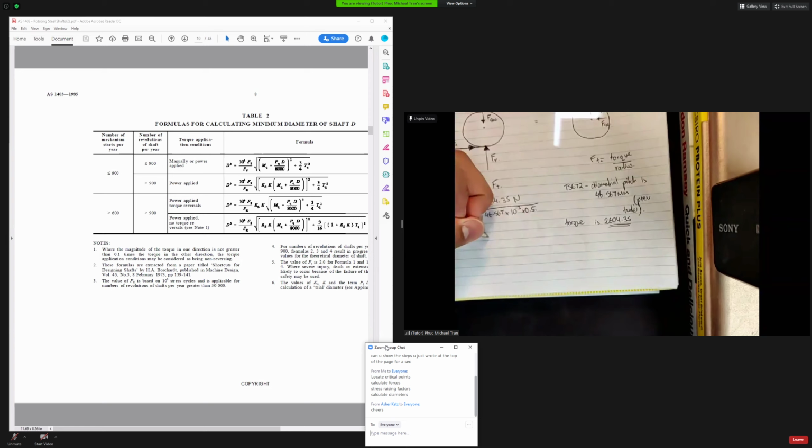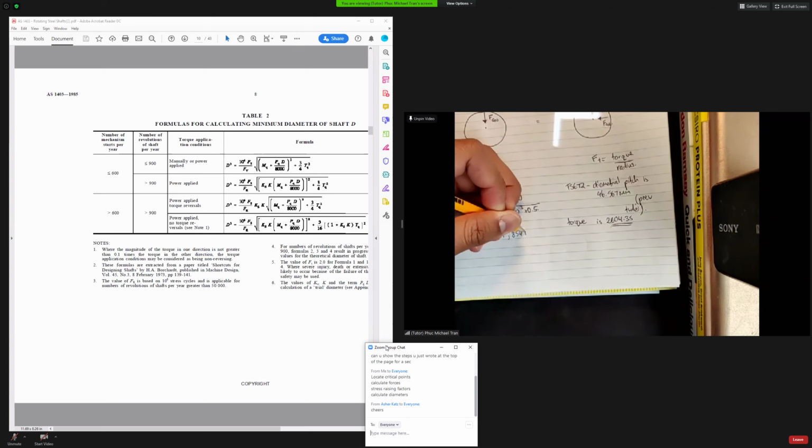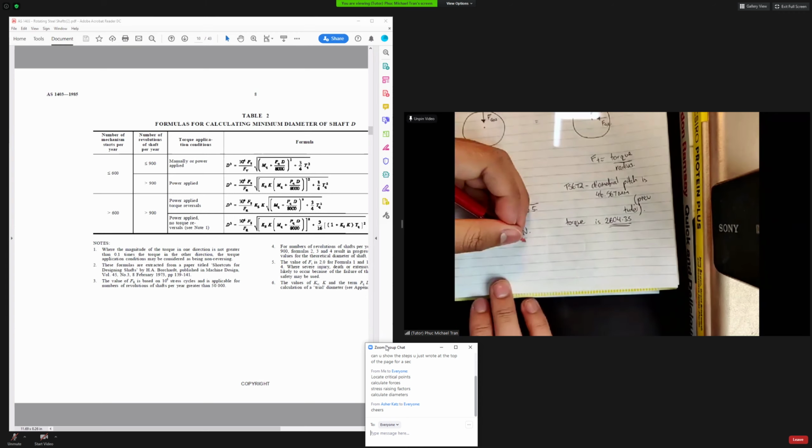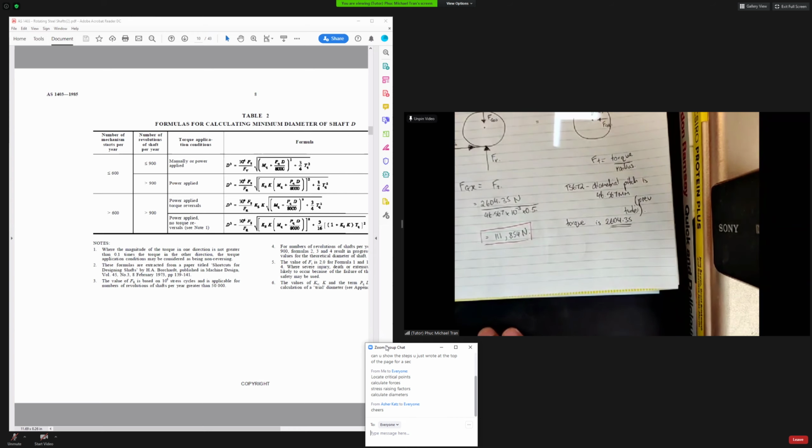Cool? Equals 111,854. Make a note of that, because we're going to need that. So that's the horizontal component, or the horizontal stress resulting from the gear input.